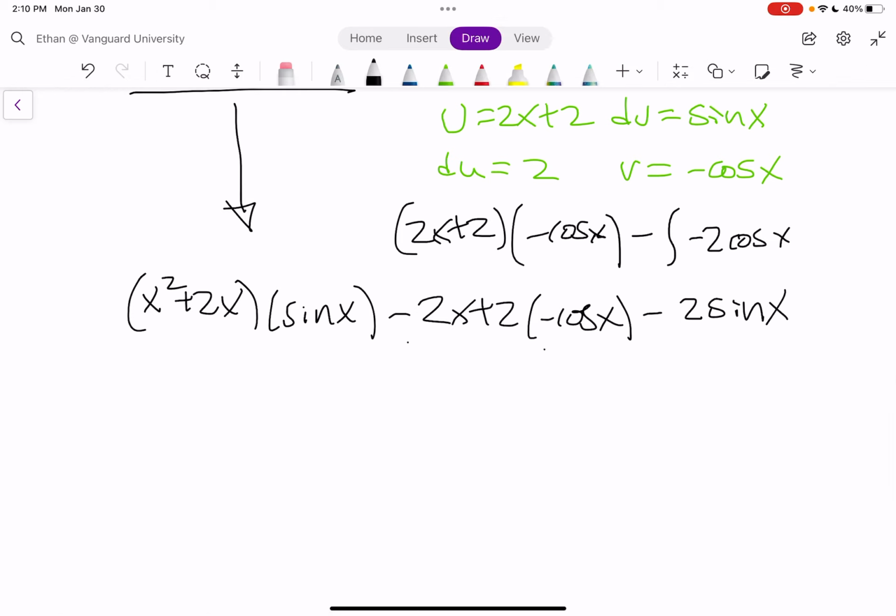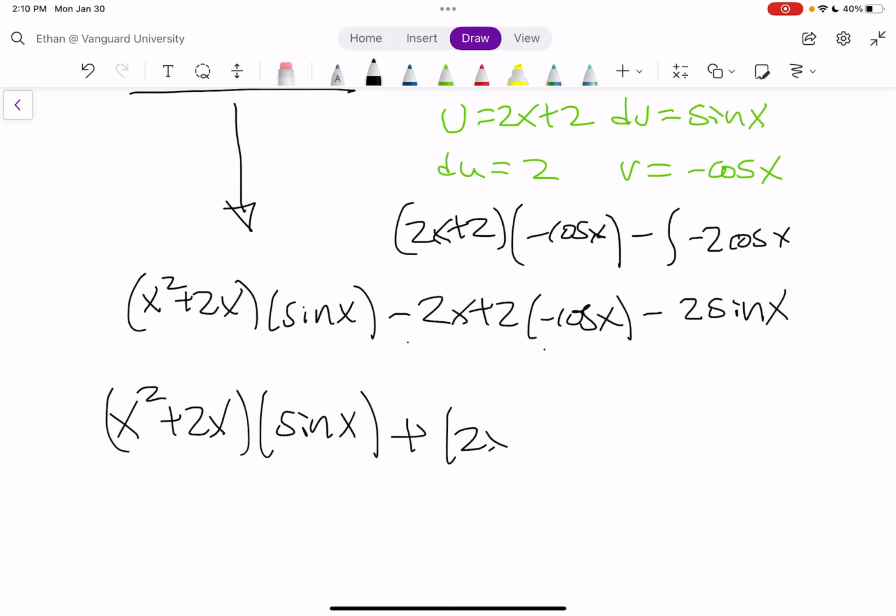So the final answer is going to be x squared plus 2x times sine of x. You don't have to simplify because this can't really simplify further. Plus, see the two negatives cancel out, 2x plus 2 times a positive cosine x, minus 2 sine x. And don't forget your plus c.